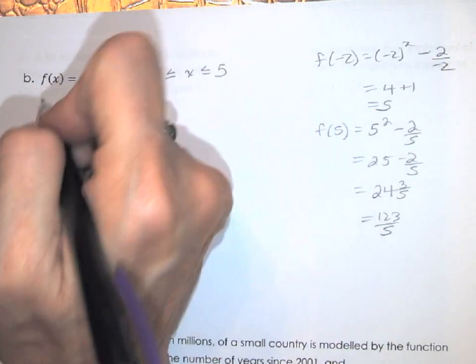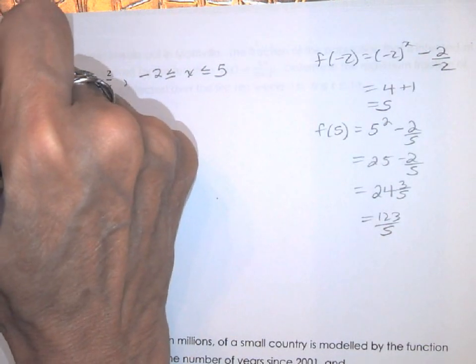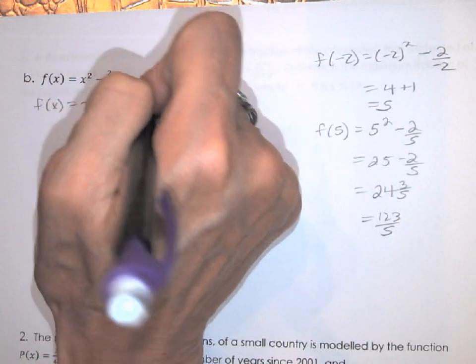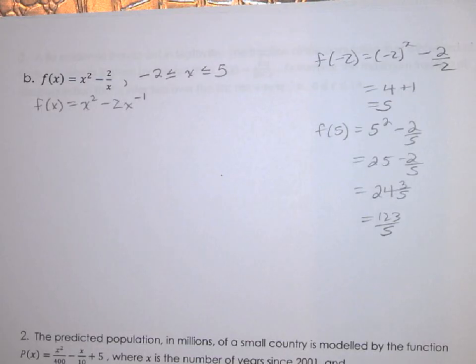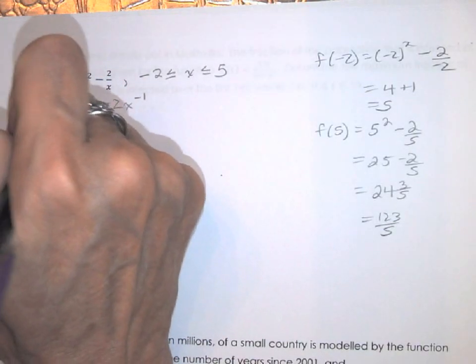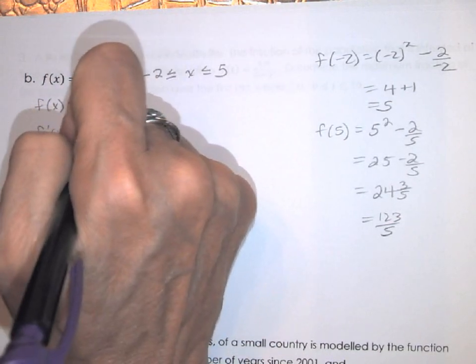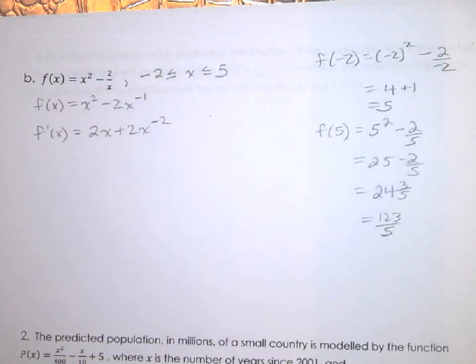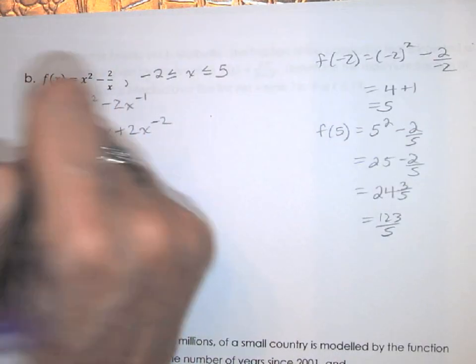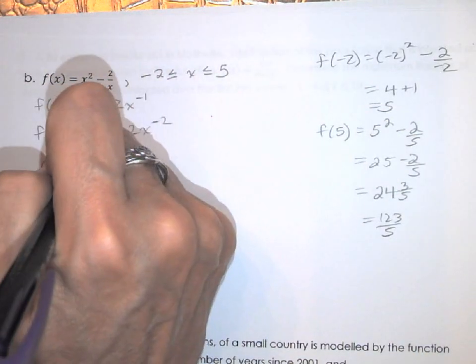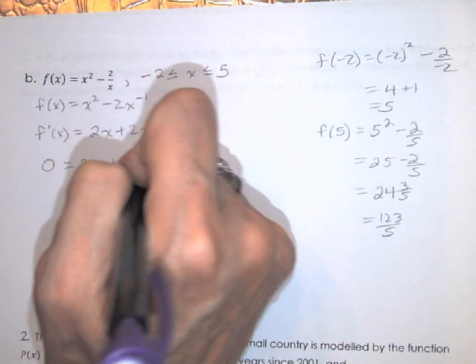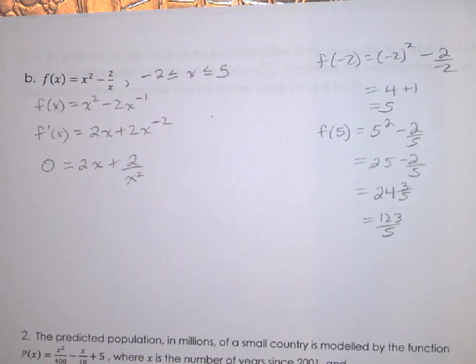Okay, now before we can take the derivative here, we want to rewrite f at x as x squared minus 2x to the -1. Okay, that's just f at x. Now we're going to take the derivative. So that's going to be 2x plus 2x to the -2. Set f prime at x equal to 0. So we have 2x plus 2 over x squared.